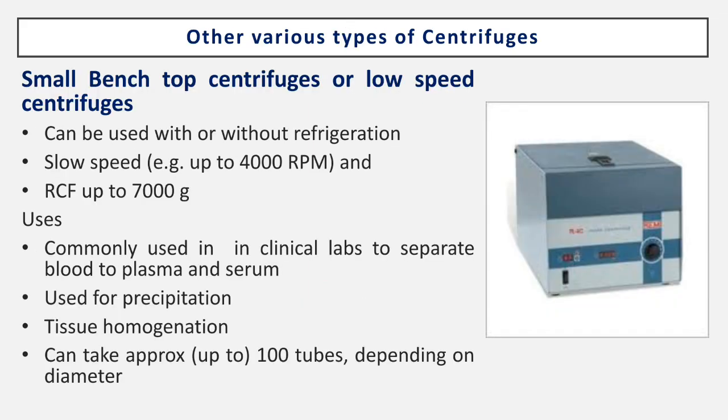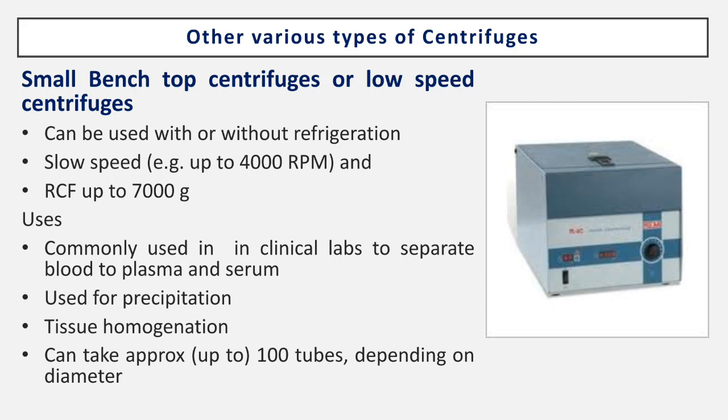Next one, which we regularly use in our laboratories, is the small bench top centrifuge, or low speed centrifuge, which can be used with or without refrigeration. The slow speed is up to 4000 rpm and RCF is up to 7000 Gs.